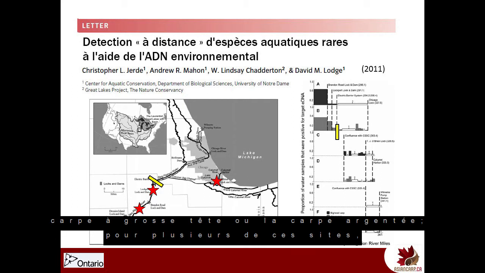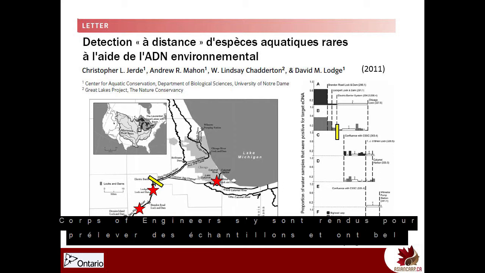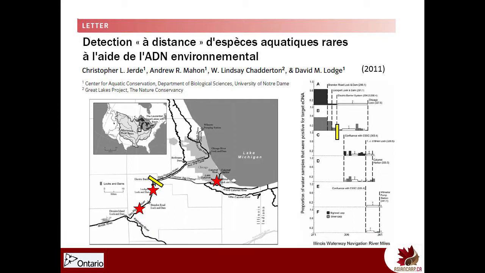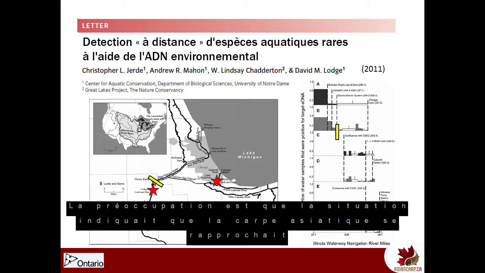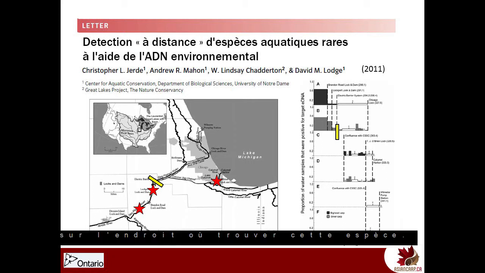And for several of those sites, after the DNA was reported, the U.S. Army Corps of Engineers went in and did sampling, and they were able to find Asian carp. So the concern is this was giving indication that, first off, Asian carp could be getting close to getting into the Great Lakes, and secondly, that environmental DNA was informative on where to find these fish.